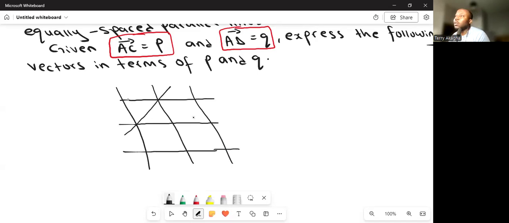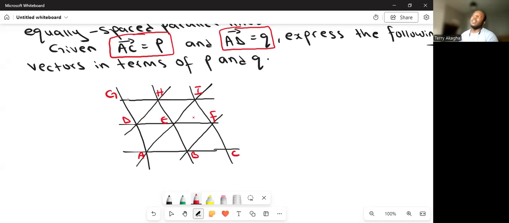I'm using freehand here. And the labels: this was called A, this was B, this was C, this was D, this was E, F, G, H, and this was I. And that was it.